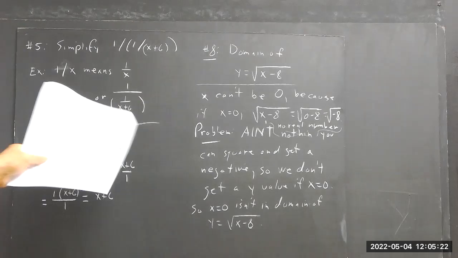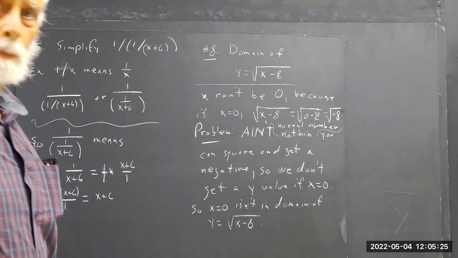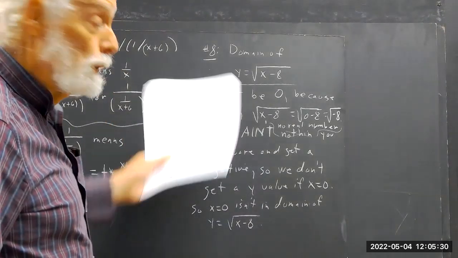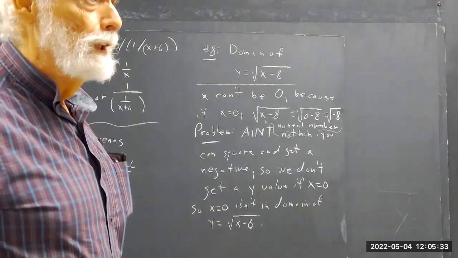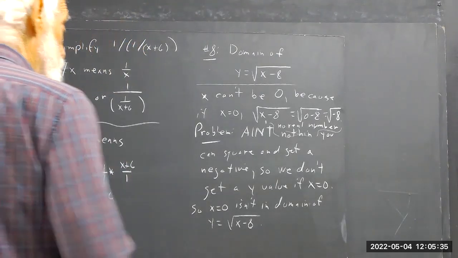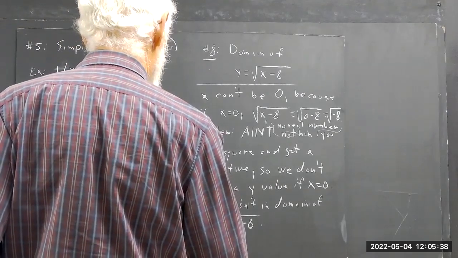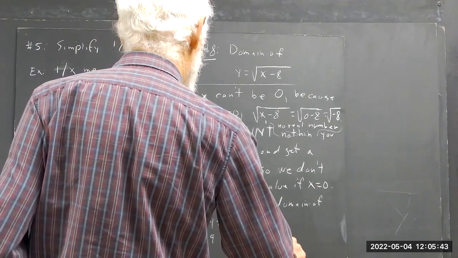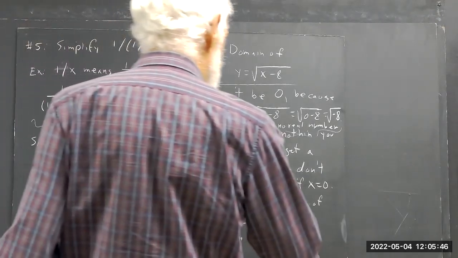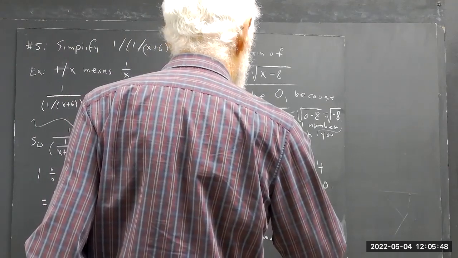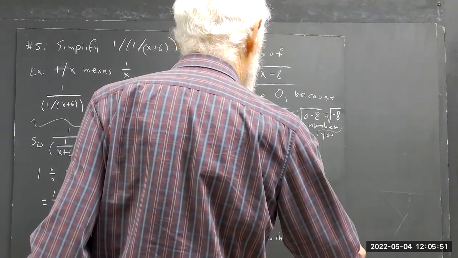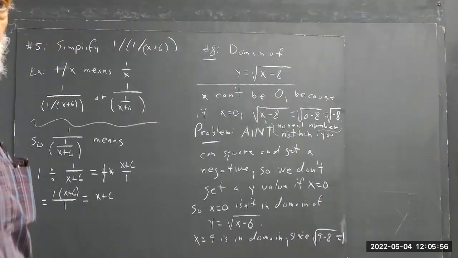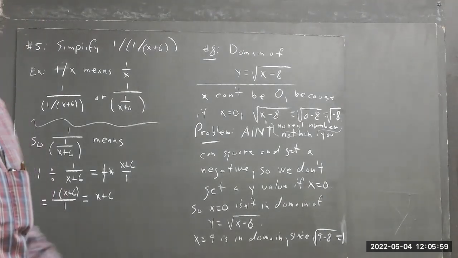So what numbers could be in the domain? What number could you put in for x that would give you a y value? Well, x equals 9. The square root of 9 minus 8 is the square root of 1, which is 1.